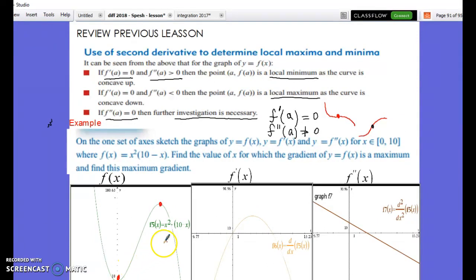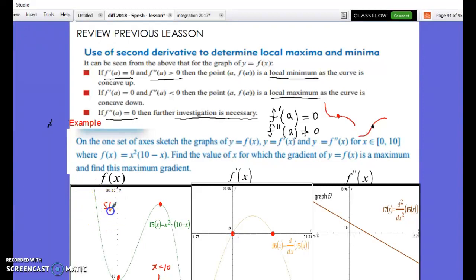Now those stationary points on your gradient function, where do they coincide? What's the feature you see on the gradient function sketch? It will be the actual intercept, that's correct. So you can see the stationary points on your function are down here at x equals 0 and another one at x equals 10. And so now those become intercepts on the gradient function graph.